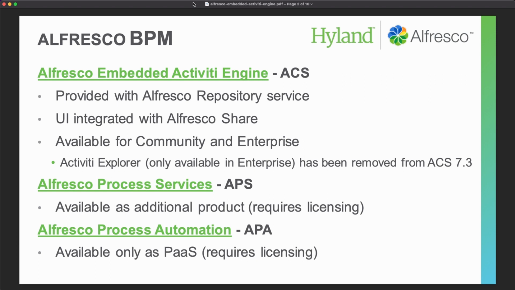On the other hand, you have also the Alfresco Process Services, APS, that is an additional product that requires licensing, so only available for enterprise, and that has the UI and the integration with ACS as a separate part. And finally, you have the Alfresco Process Automation, that is a cloud-native BPM engine that is available only as a service, only as a PaaS service, and also requires licensing.